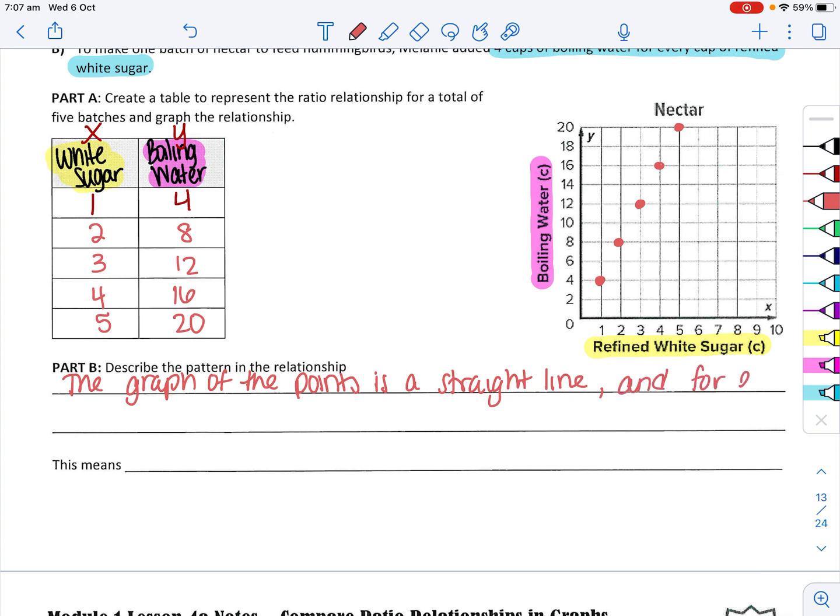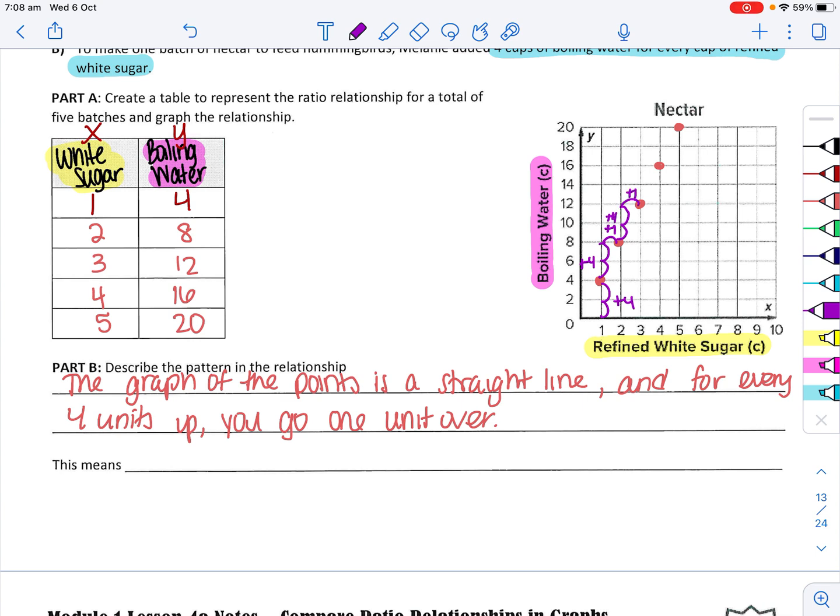And for every 4 units up, you go 1 unit over. So that's another way to describe what is happening on the graph. So when I go up here, I'm actually going up 4 units. Okay, so here I'm going up 4 units over 1 unit. Up 4 units over 1 unit.